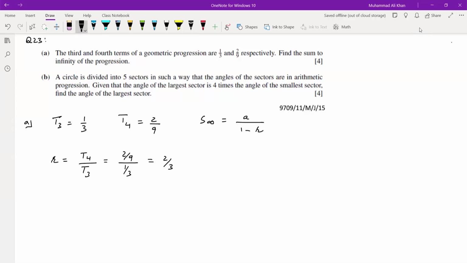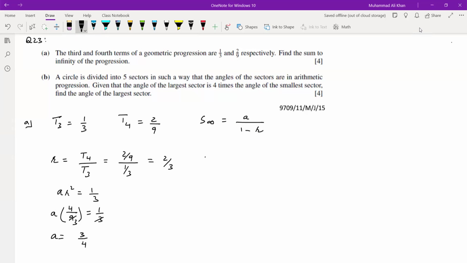Now, T3 is AR squared equals 1/3. The value of R is 2/3. So 2/3 का square will be 4/9, A times 4/9 equals 1/3. And therefore the value of A will be, 3 3s are 9, the value of A will be 3/4.